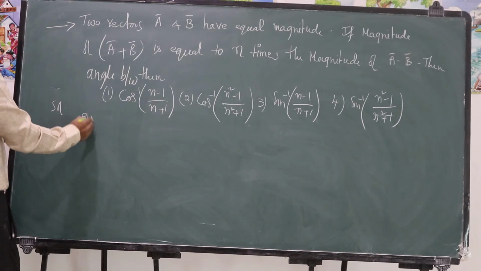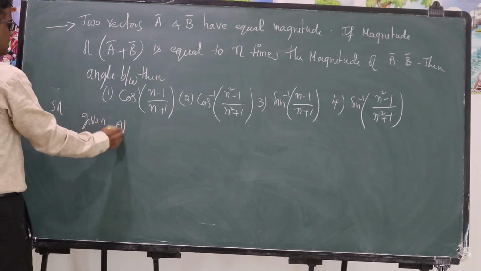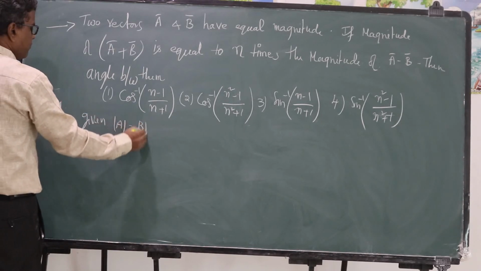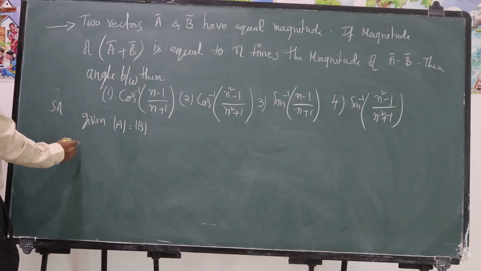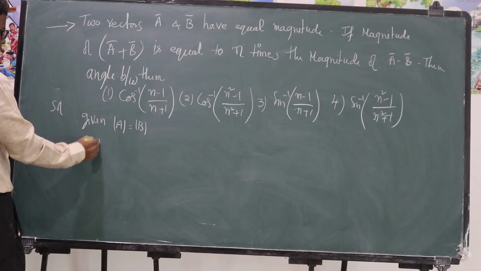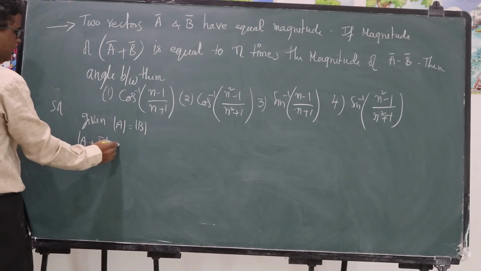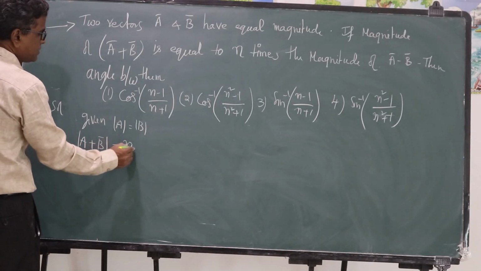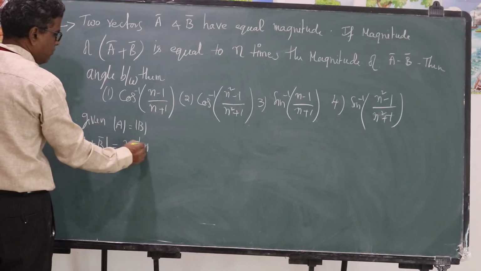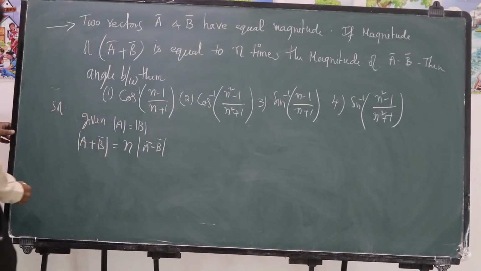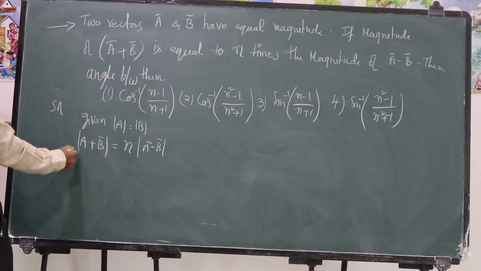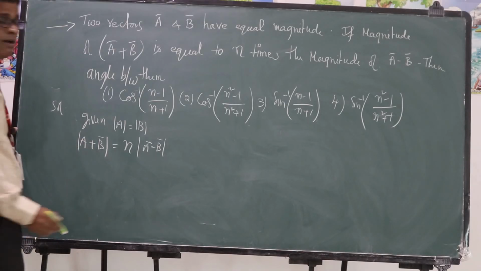Given mod A is equal to mod B. The magnitude of A bar plus B bar is n times the magnitude of A bar minus B bar. That is given. So I am applying the formulas from the parallelogram law of addition of vectors.